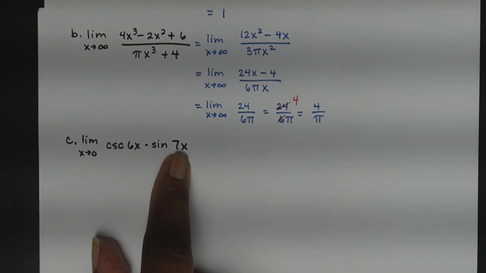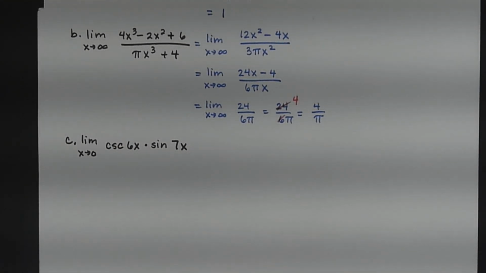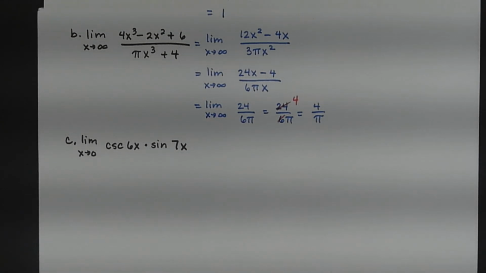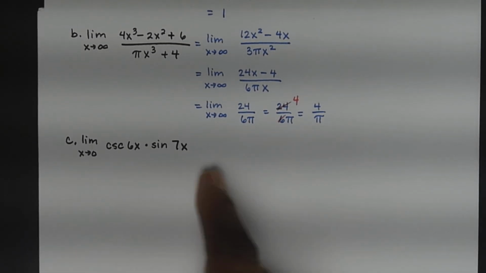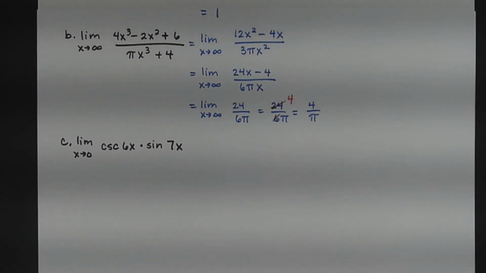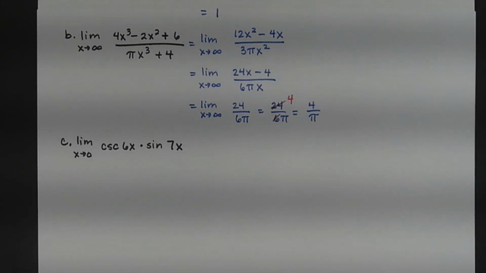I know the sine of 7x is going to go to 0. The cosecant will go to infinity because it's the reciprocal of the sine function. So that's an infinity times 0. So here I need to rewrite this in a way that I will have infinity over infinity or 0 over 0, and then use L'Hopital's rule.